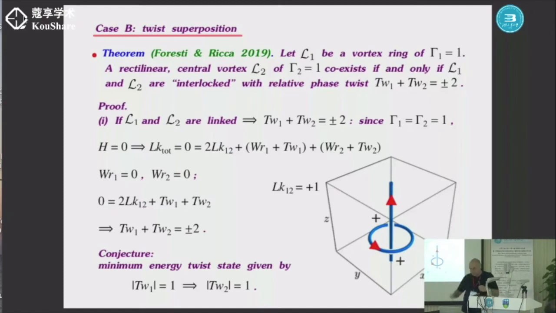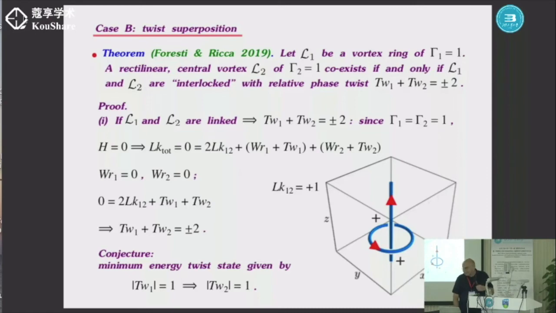Because remember, minimum energy is when there is no twist at all. So if you change to 2 or to 0, one of the two and the other becomes 2, then you go to 4, twist squared, and that gives you immediately a higher energy level for the system. So we can conclude, for the moment as a conjecture, that twist equal 1, so if one is 1, the other is 1, or something like this, -1, etc., gives you the minimum.